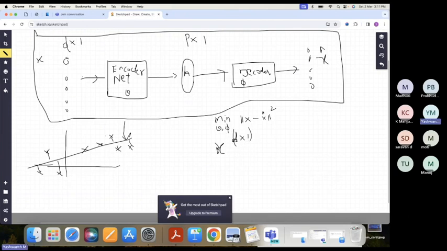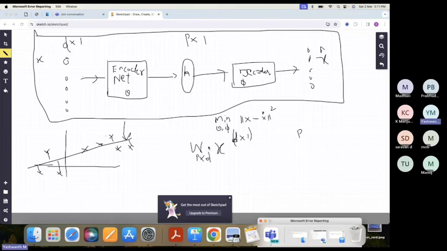I want to compress this to a lower dimension, say P, with a matrix W which is P cross D. So W times X is the lower dimension.